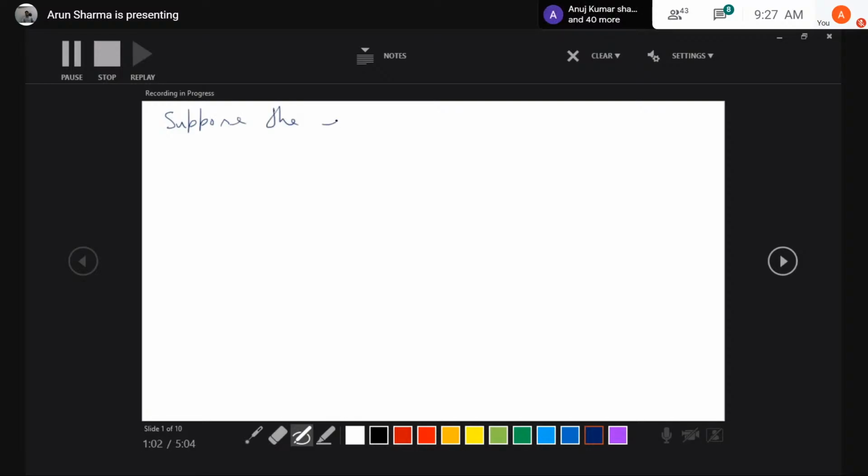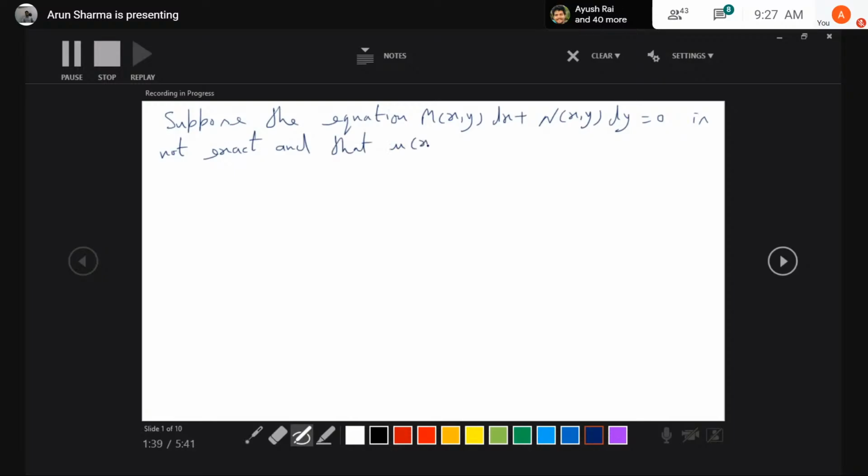Suppose the equation M(x,y) dx plus N(x,y) dy equals 0 is not exact, and that mu(x,y) is an integrating factor of it.